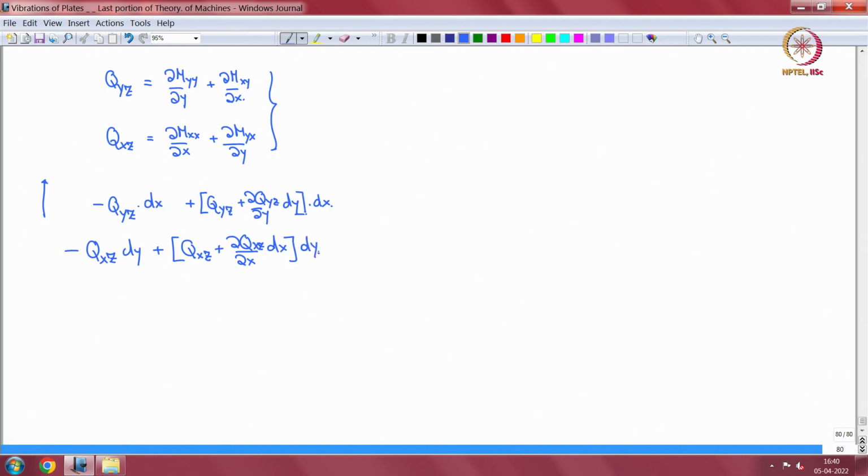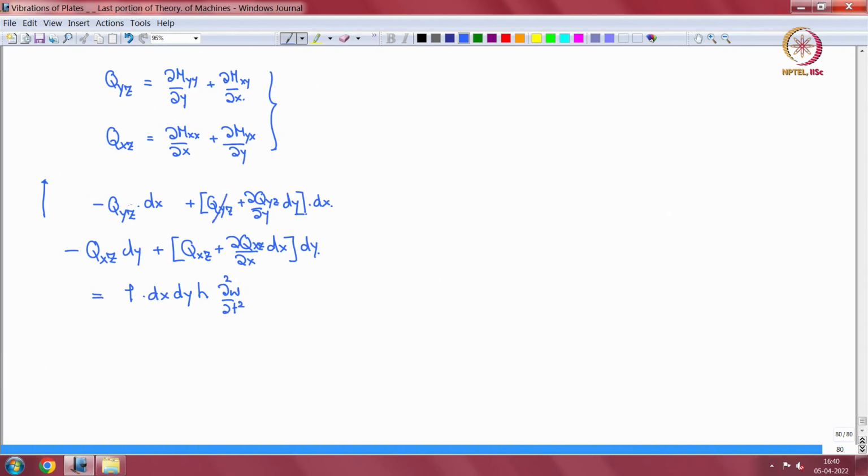This is the sum of all the forces in the vertical direction, equal to density into dx into dy into the thickness into del 2 w by del t square, the acceleration.